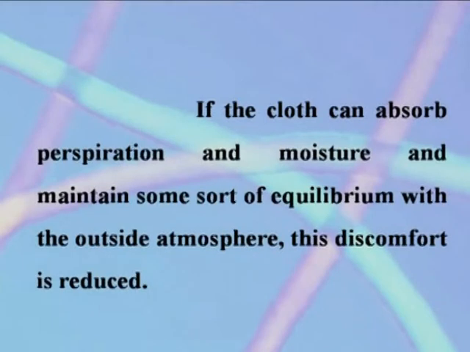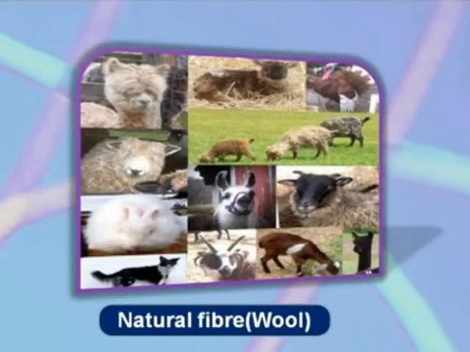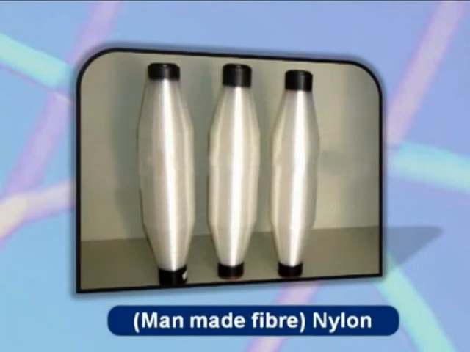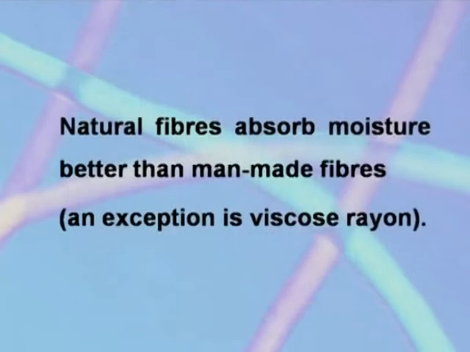If the cloth can absorb perspiration and moisture and maintain some sort of equilibrium with the outside atmosphere, this discomfiture is reduced. Natural fibers absorb moisture better than man-made fibers. An exception is viscose rayon.